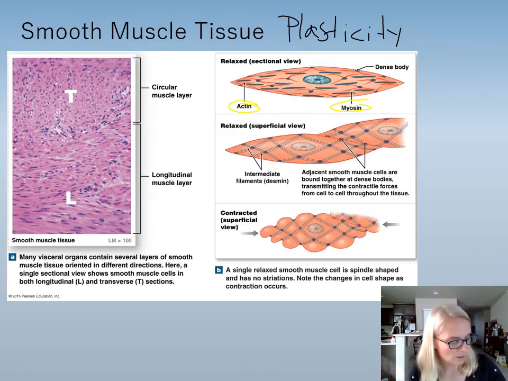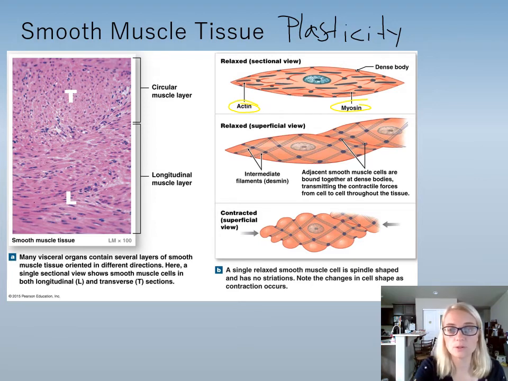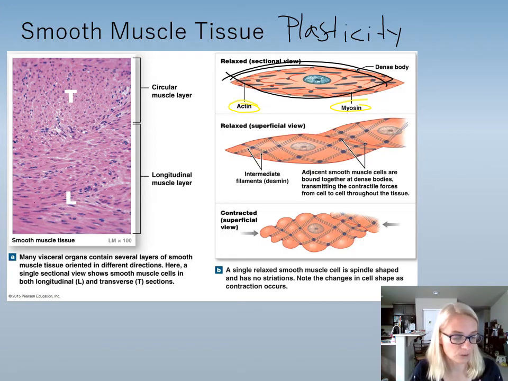Okay. All right. So no T-tubules, no myofibrils, no sarcomeres, spindle-shaped cells. Spindle is kind of this shape here, uninucleate, single nucleus. And then for the functionality, the physiology, since it doesn't have a sarcoplasmic reticulum, it gets calcium typically from the extracellular space, so calcium moves in from the outside. It is also controlled differently.